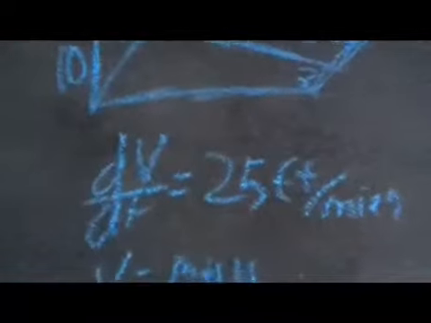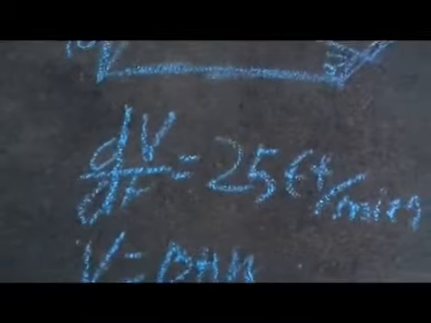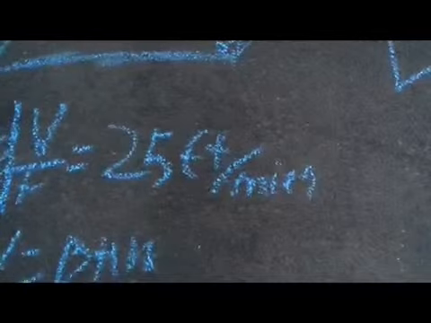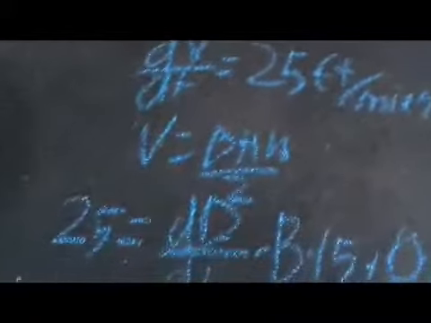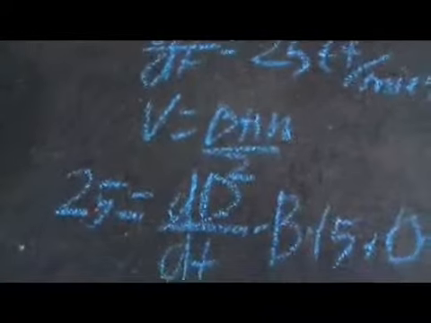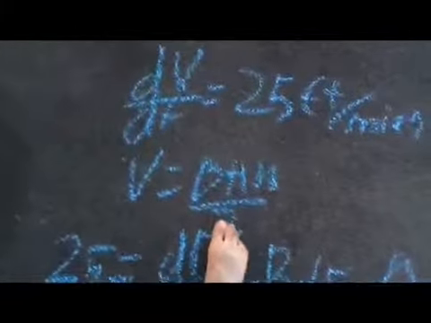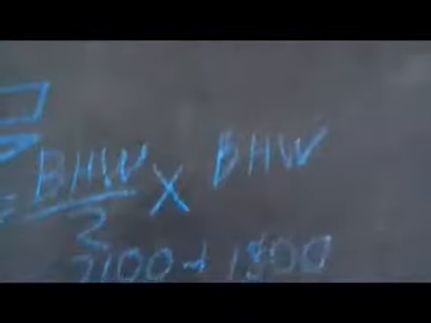So now we come over here and do actual calculus. The rate of change of the volume, or dV/dt, is 25 cubic feet per minute. And since we're only dealing with the triangular prism right now, we only have this part of the volume formula and not this part over here, because that part doesn't even exist yet.